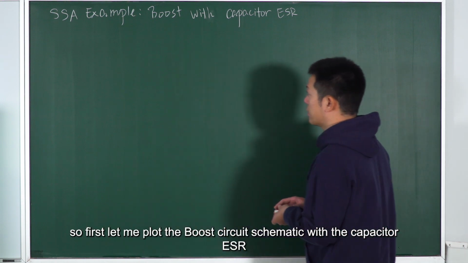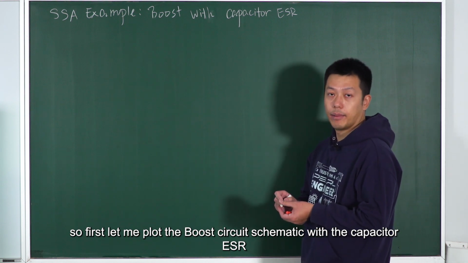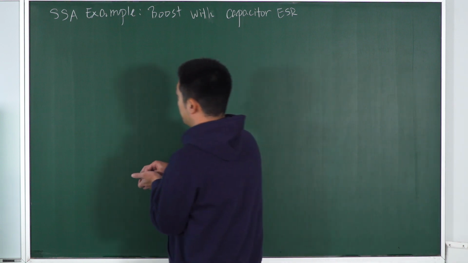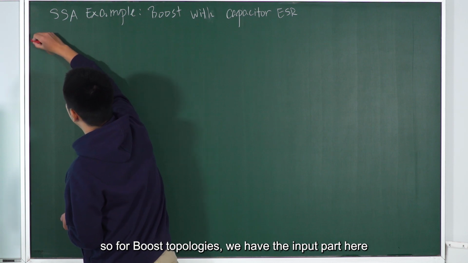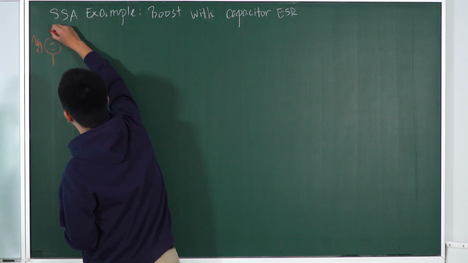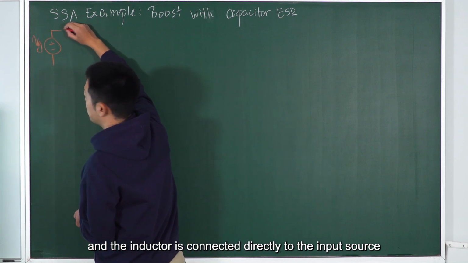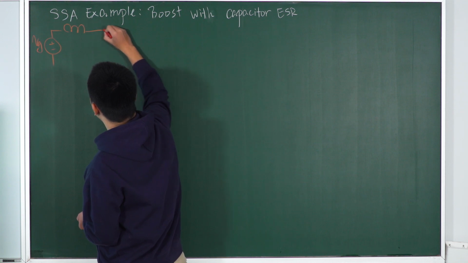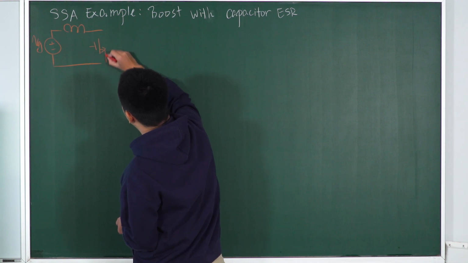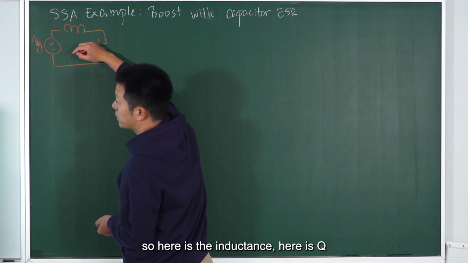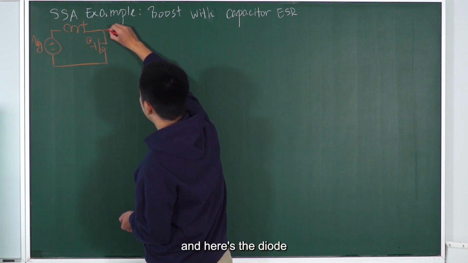So first, let me plot the boost circuit schematic with the capacitor ESR. For boost topologies, we have the input port here, and the inductor is connected directly to the input source. And here is the MOSFET. So here is the inductance, here's Q. And here's the diode.